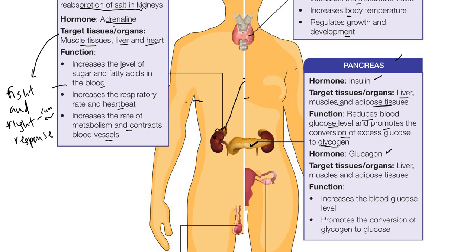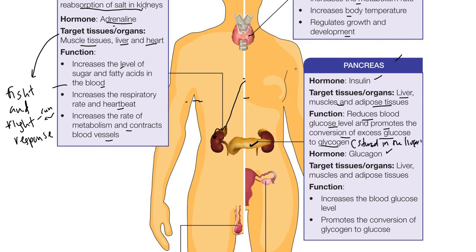So the function of insulin is to reduce the blood glucose level to normal, and then it will convert the excess glucose to glycogen, which will be stored in the liver. So this is the function of insulin.